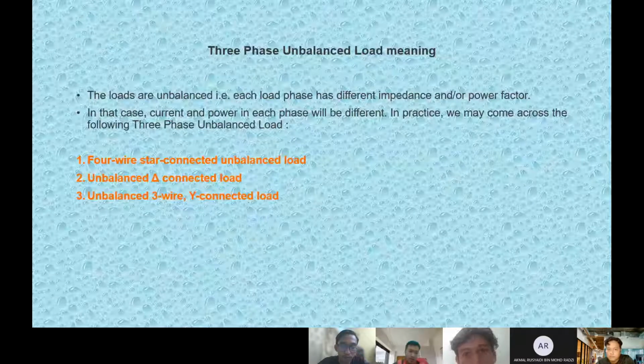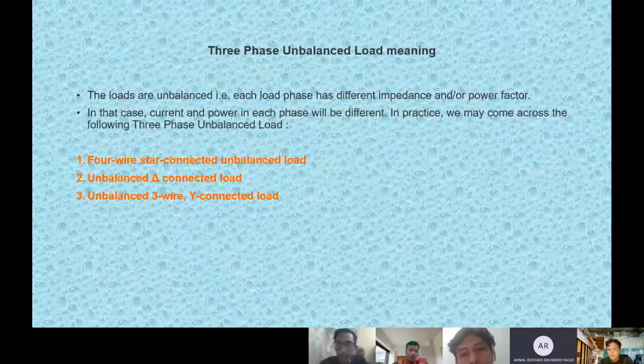In that case, current and power in each phase will be different. That's why it's called three-phase unbalanced. We may come across the following three-phase unbalanced loads: four-wire unbalanced load, three-wire unbalanced load, and Y connected load.